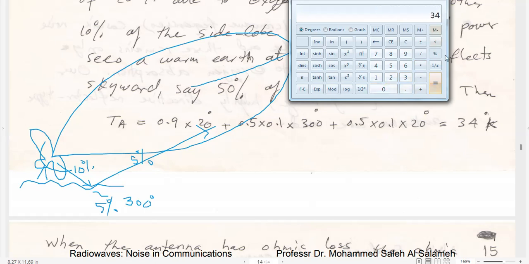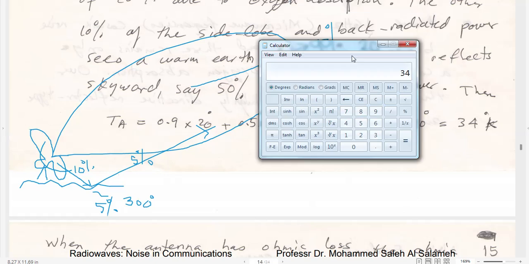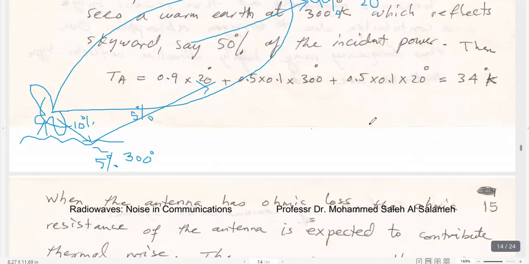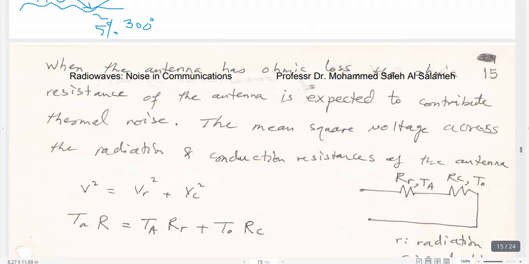The answer is 34, as you can see it is here, 34 Kelvin. That's how we calculate the noise temperature of the antenna.